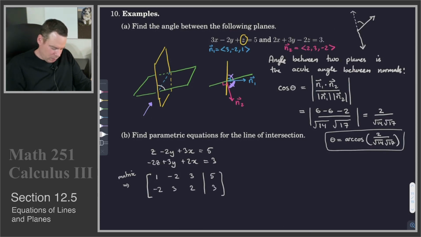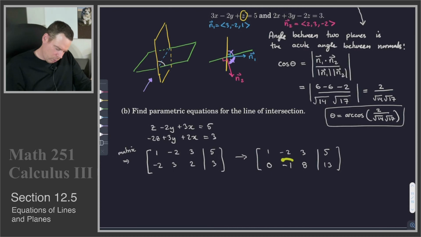So now we can go ahead and do our row operations. We're going to multiply the first row by 2 and add it to the second one. And so that gives me a 0, and negative 4 plus 3 is negative 1, and 6 plus 2 is 8, and 10 plus 3 is 13.